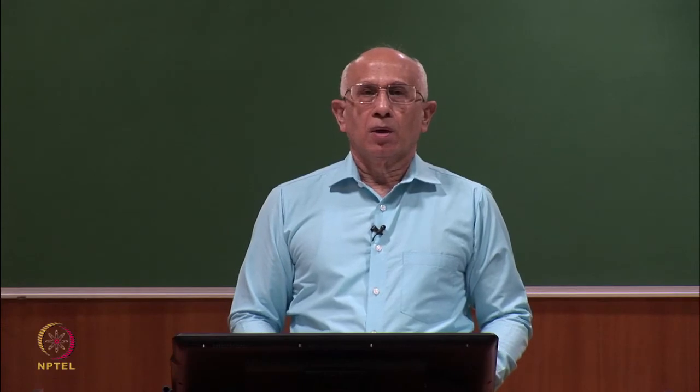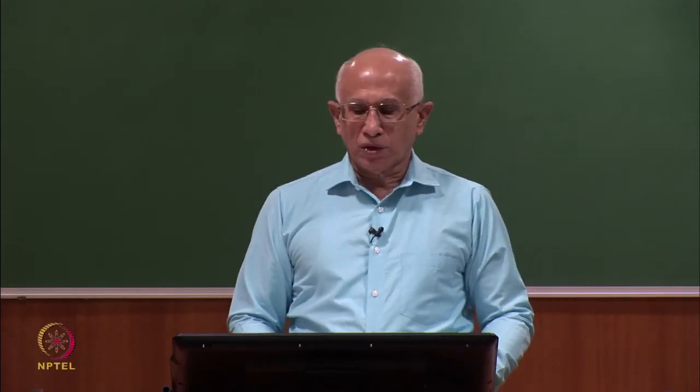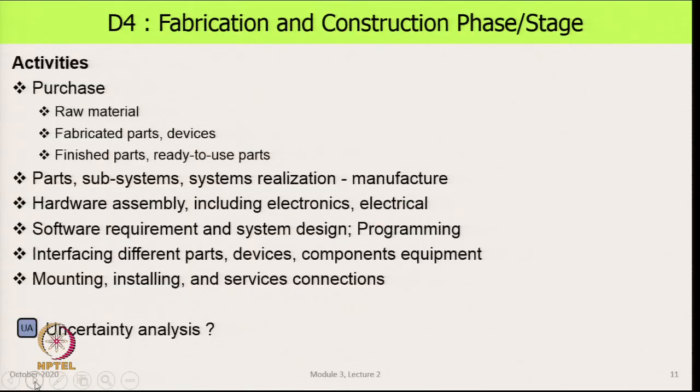Next, we will look at the fourth stage of experimentation, which is fabrication and construction phase. So, at this point, we have the complete detailed engineering design ready, we have the bill of materials, we know what to buy, we know what to make, we know where we will do it, and now we go to the point of actually making it happen.